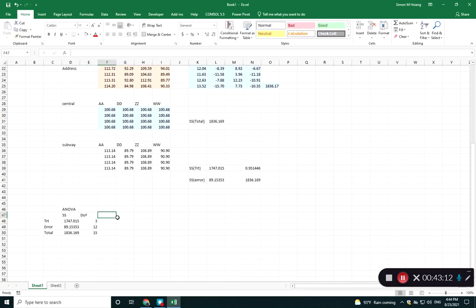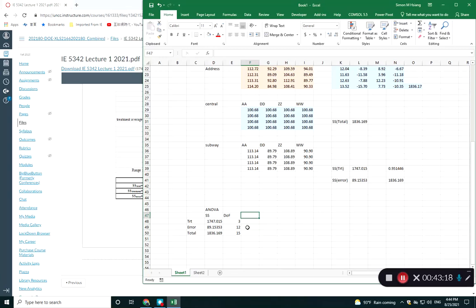And once you have that, now you have the sum of squares. You have the degrees of freedom. You can figure out the MS. Okay?